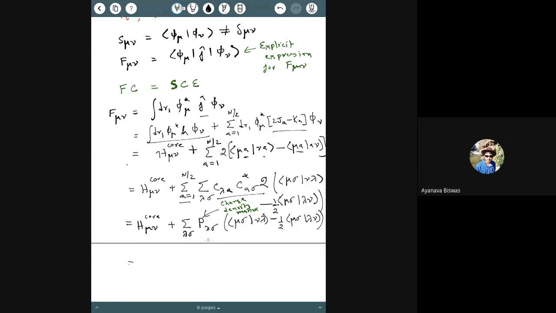And another compact notation is used, which I will write here: this is called G mu nu. So this is called the 1 electron part, and this is called the 2 electron part of the Fock operator.